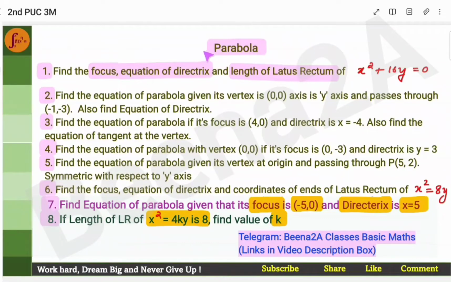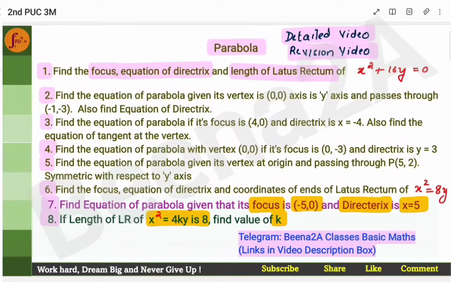So I'll not be able to explain how to find out all the parabola types in this video. You'll have to go through the playlist on parabola and the revision video, both, right? You can go through the detailed video and revision video for you to understand how you identify what kind of parabola it is given the problem, right?